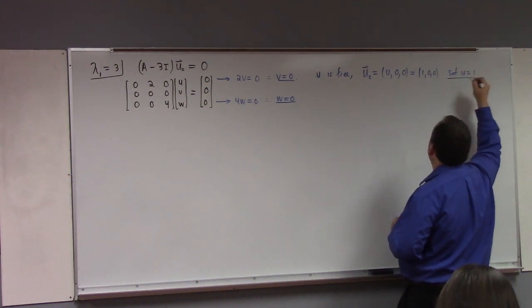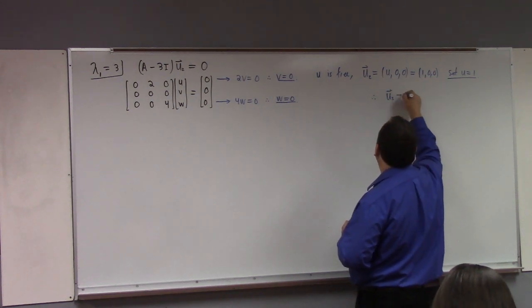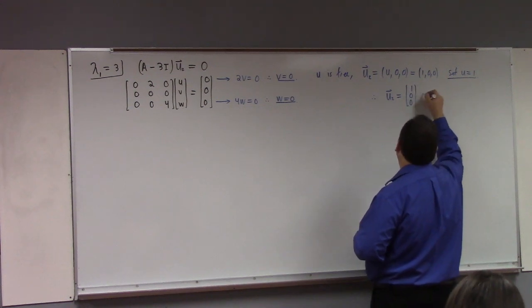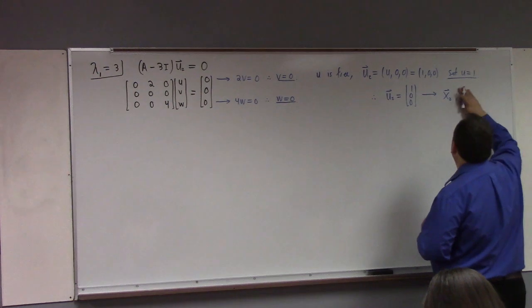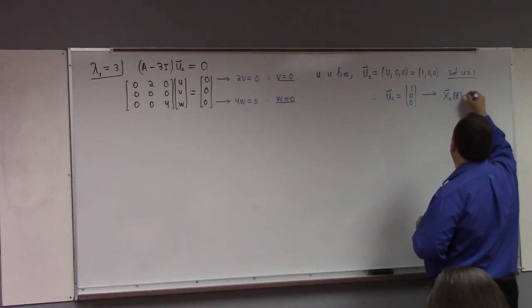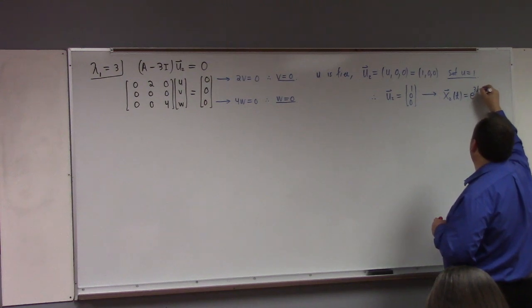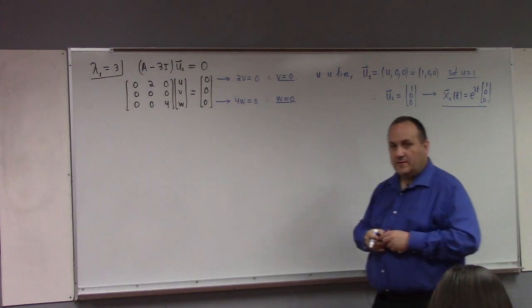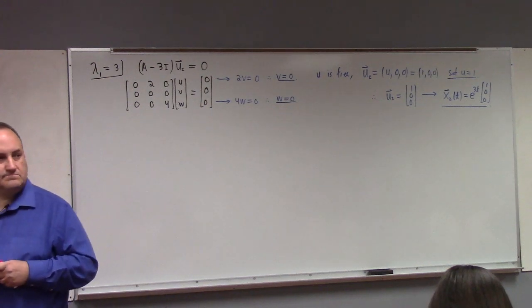So therefore, my u2 is (1, 0, 0), and that tells me that I get a second solution, my second eigensolution, e to the 3t times (1, 0, 0). So there you go. I've got one solution, I've got two solutions. Where's my third solution?